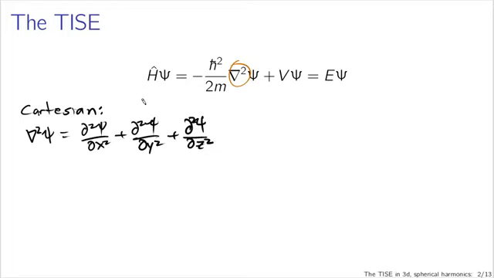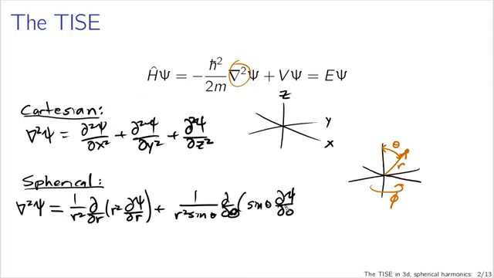In spherical coordinates it has more terms, including one with the derivative of psi with respect to theta, and yet another term, plus 1 over r squared sine squared theta times the second partial derivative of psi with respect to phi.